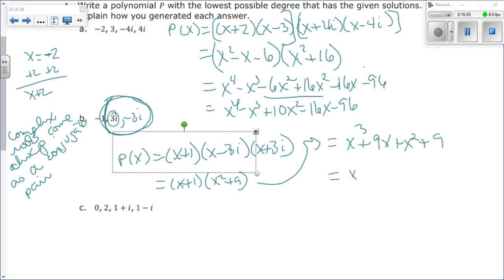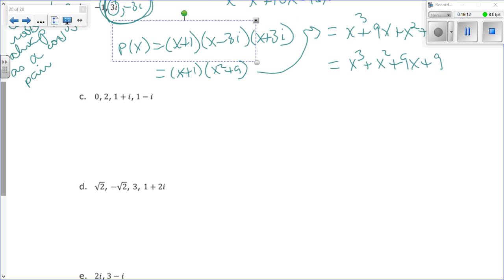So it's x cubed plus x squared plus 9x plus 9 for my function. Those are conjugate pairs. So this one would be to a 4th power again.